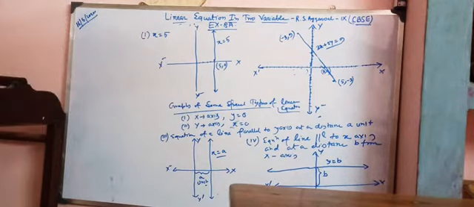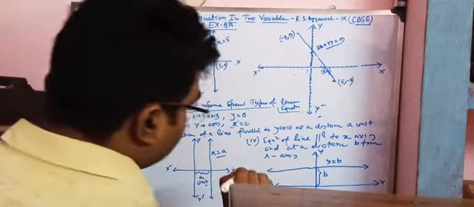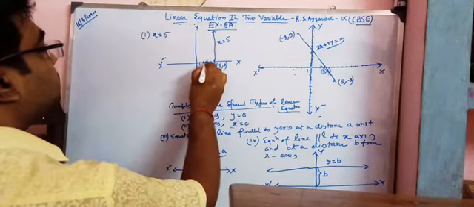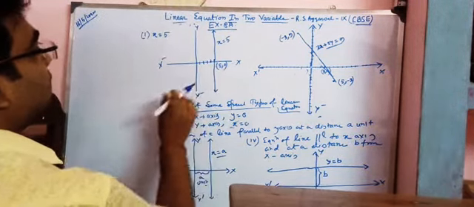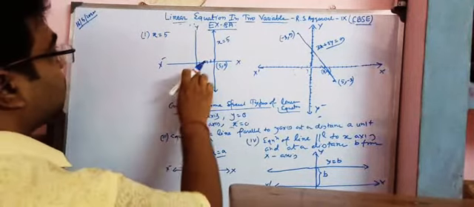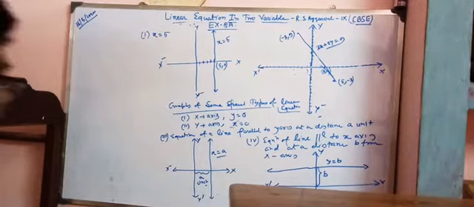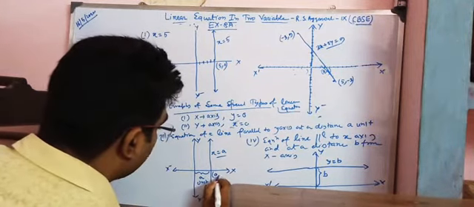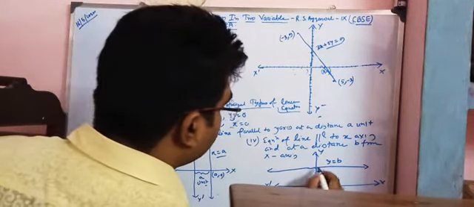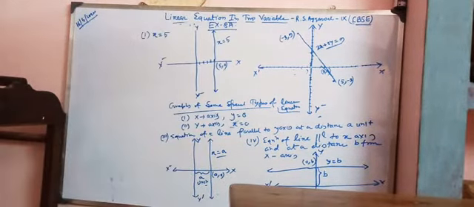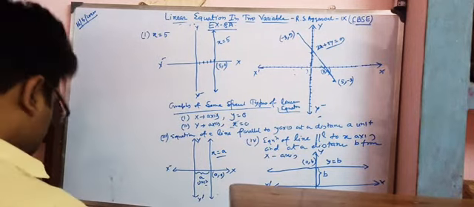Okay, and you should count the accurate number of intervals. 5 means 5 steps we have to move. So here this point is a, 0, and this point is 0, b. So this is my first equation.